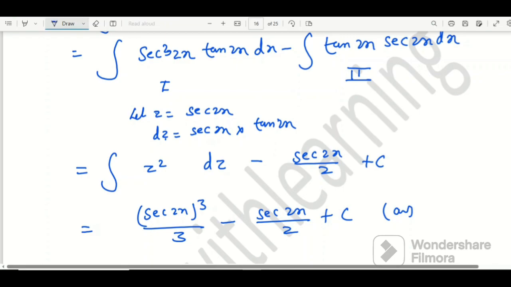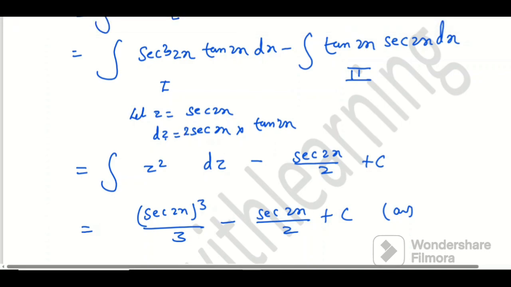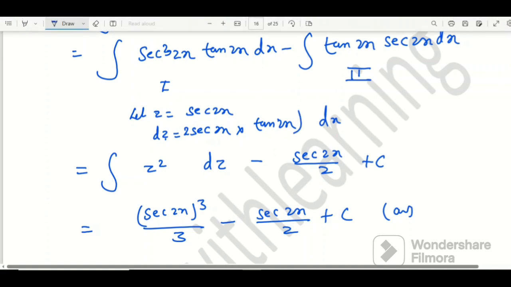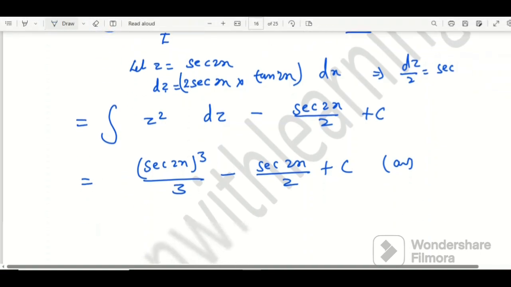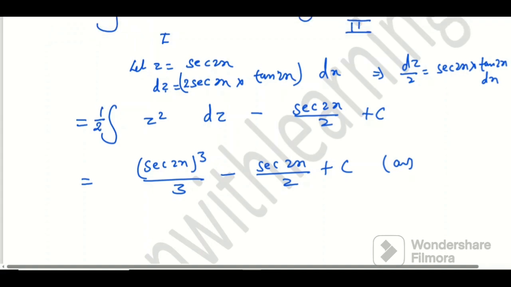But again, 2 will come in, 2 will come outside also. It will be dx because 2 is in multiplication. So we'll replace dz upon 2 by sec 2x into tan 2x dx. So we'll have 1 upon 2 outside also.